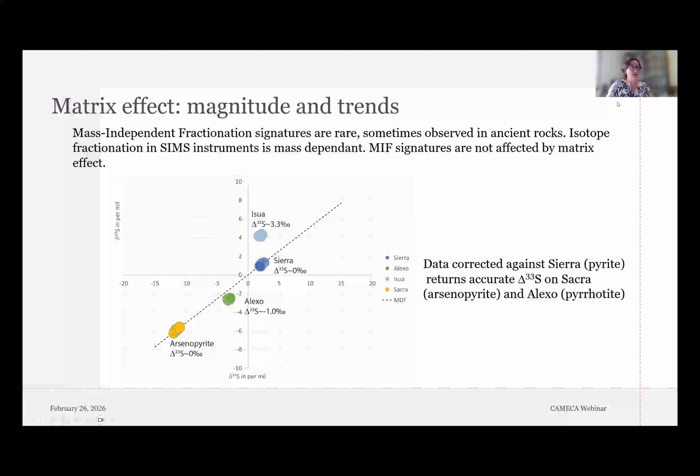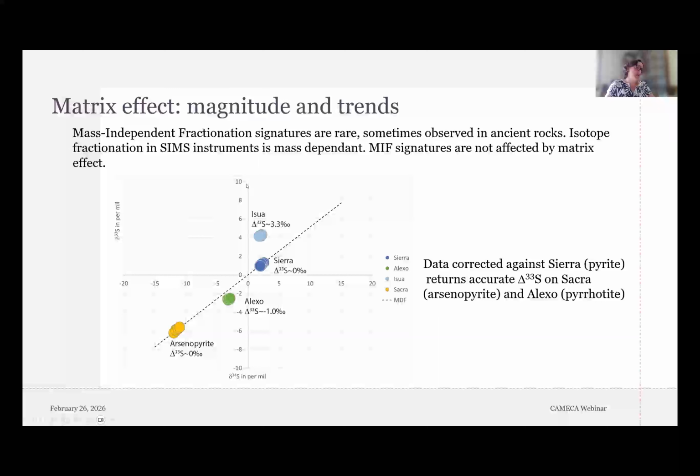So isotope fractionation in a SIMS instrument is dependent on the difference in mass between the isotopes. So actually, mass-independent fractionation signatures are not really affected by matrix effect. And here I'm just showing an example of a data set which contains different colors, which are actually different reference materials of different types of sulfides.